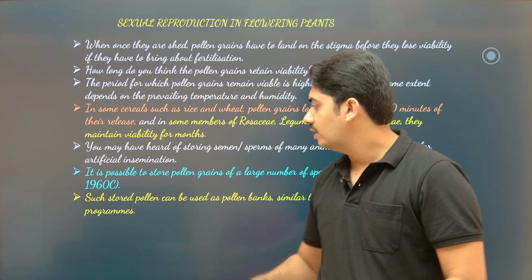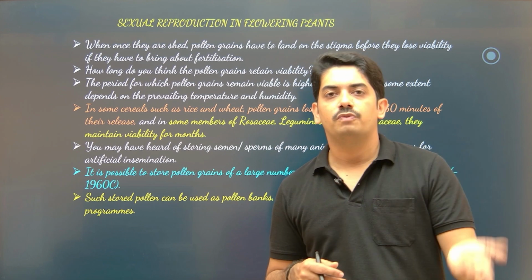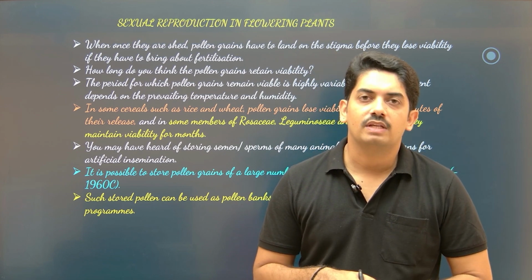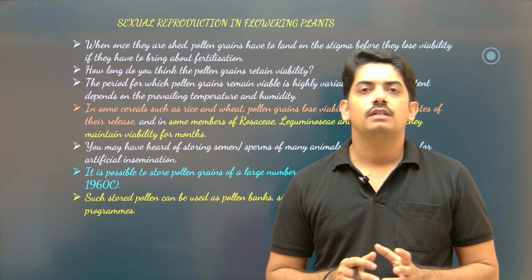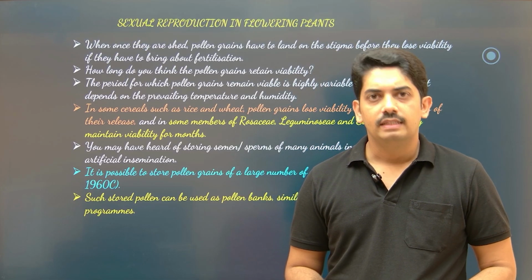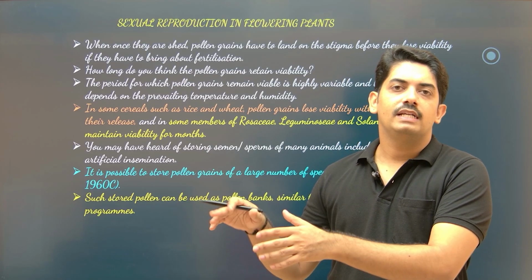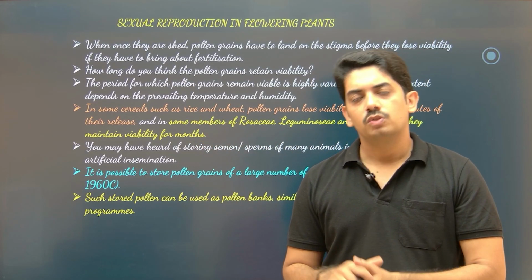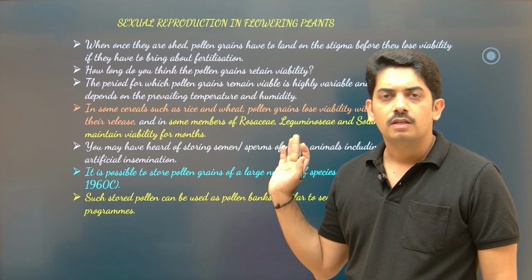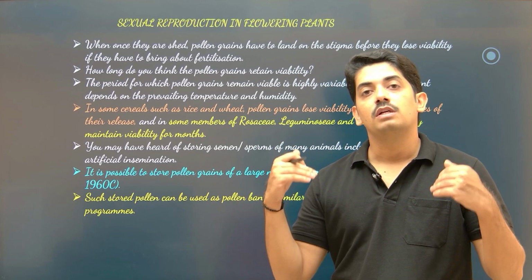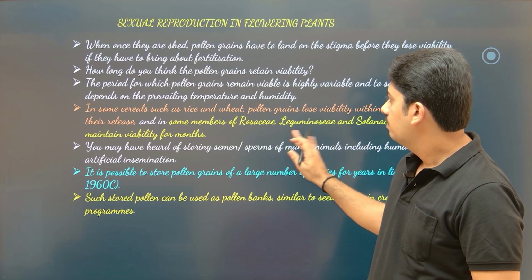You can store their pollen grains in pollen banks, and whenever it is required, you can go for tissue culture where you can produce new plants. Or if the seeds are not viable, then you conserve the pollen grains and use them in tissue culture and generate new plants. So the main importance of cryopreservation is you can store these pollen grains for several years. Okay, so that is about the pollen grains.